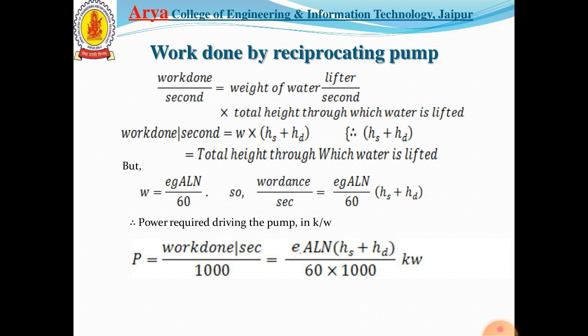So work done per second is rho g ALN upon 60 into HS plus HD. Now the power required to drive the pump in kilowatt can be calculated by dividing work done per second by 1000, that is rho g ALN into HS plus HD upon 60 into 1000.